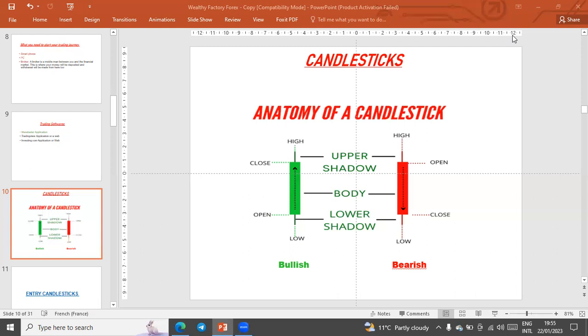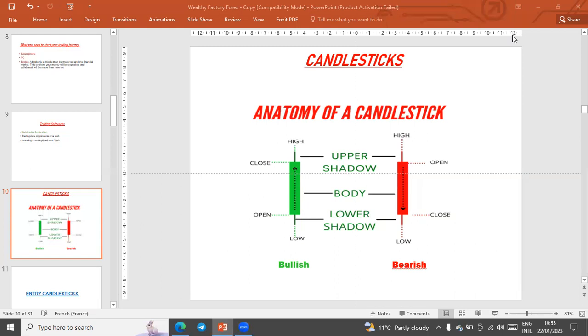First things first, we are going to start with the anatomy of a candlestick, looking at two major types of candlesticks. Then from there, we are going to take a look at the entry candlesticks. There are specific candlesticks that you're going to be looking for to be able to place a trade, so we call them entry candlesticks.